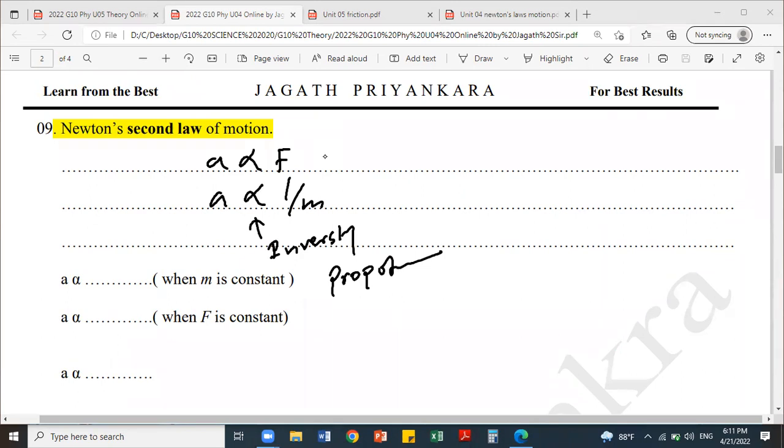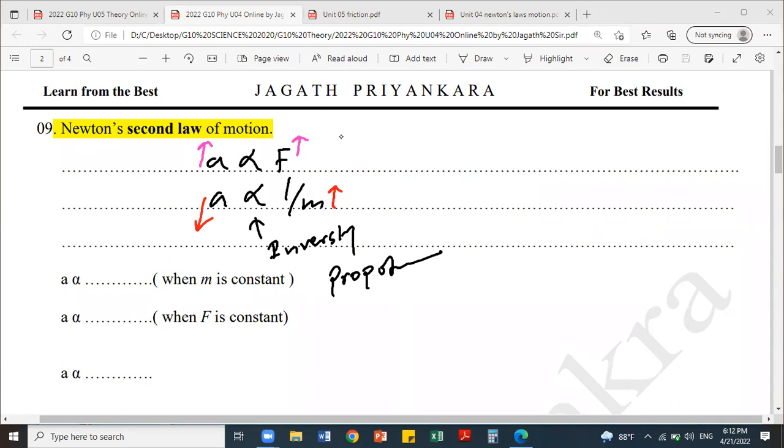That means when mass increases, acceleration decreases. Directly proportional means when unbalanced force increases, acceleration also increases.